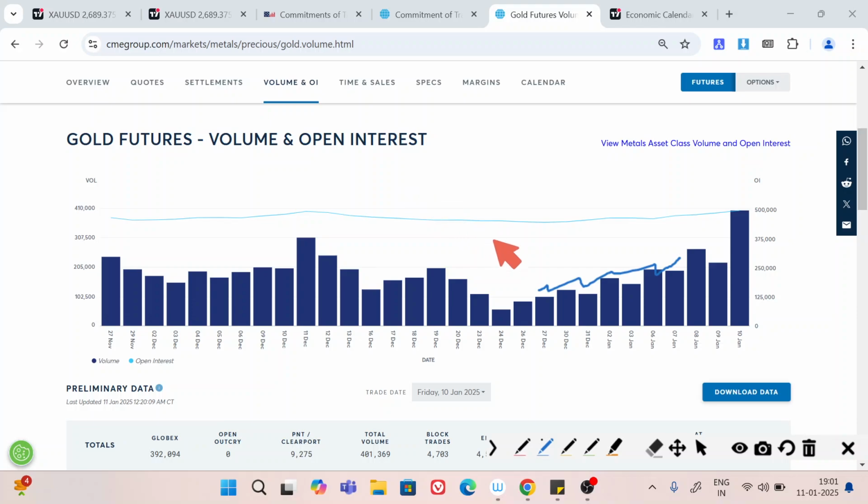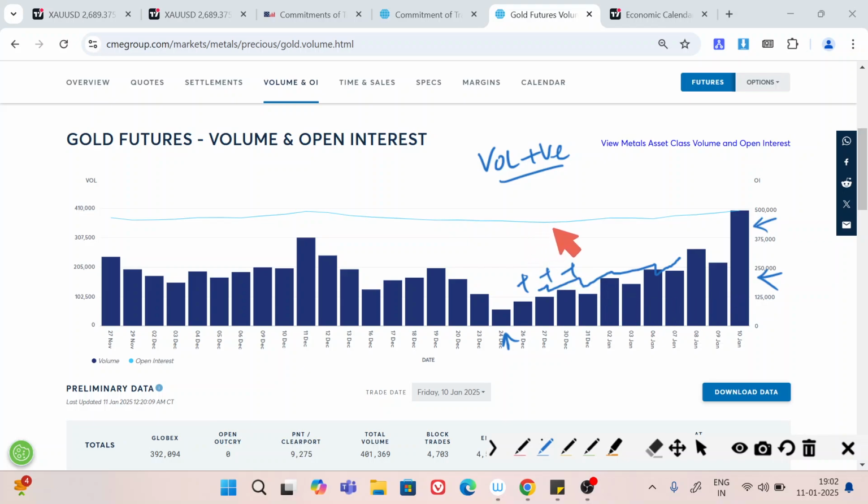And you can see after this day we have seen a continuous positive rise in volume, these blue bars. As you can see, on the closing day or NFP day, we have seen a very good volume build up, and this is a positive sign for the mid to long term.